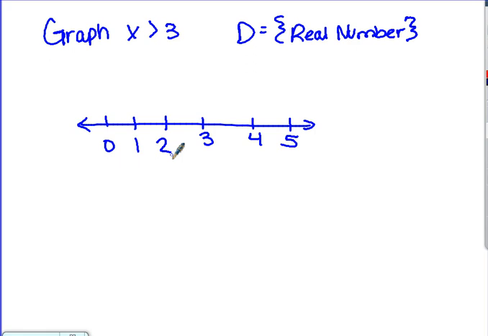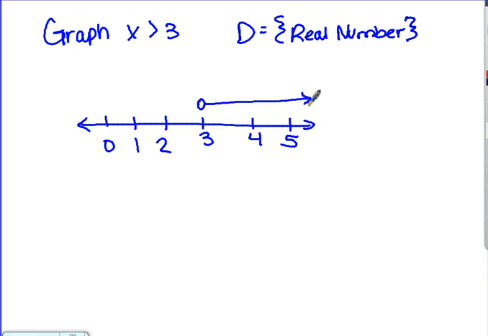Keep in mind the real numbers include counting numbers, whole numbers, integers, rationals, and irrationals. The only thing that is different from real numbers would be the non-reals, or imaginaries. Since we can't graph imaginary numbers on a number line, we can just graph this one as normal, since the number line only contains real numbers. So we would show greater than by going to the right.